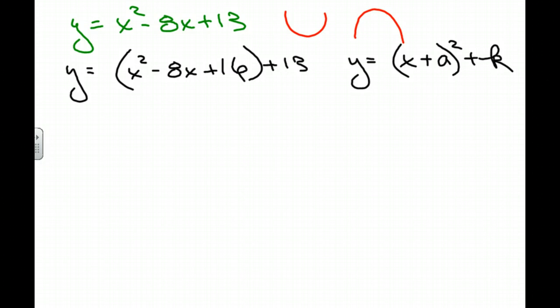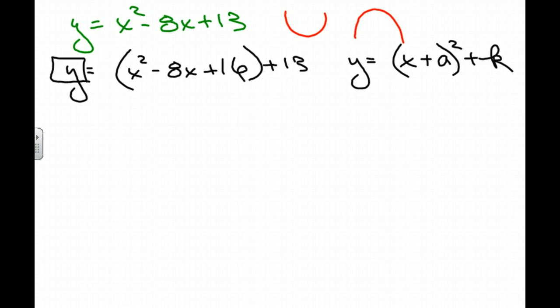Okay, can I just add 16 to the problem? I mean, if this answer were 12 and I added 16, is it still equal to 12? No, it's equal to 12 plus 16 now, right? So I can't just add 16 there. I could get that to the other side, but that's not going to put me in this format, because now I'm going to have a y plus 16 on that side, which is not what I want.